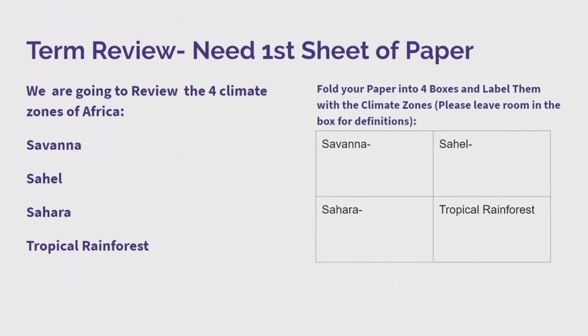You can turn your paper this way, and please label your paper with the titles that we're going to put in the information. That's going to be Savannah, Sahel, Sahara, and the tropical rainforest. Because the first thing we're going to look at is the climate zones of Africa. If you need more time, please remember to pause before you move on. Finish creating your chart, and then let's go.